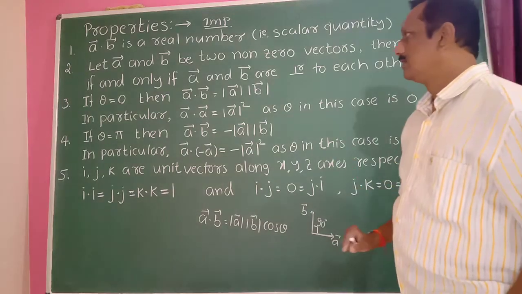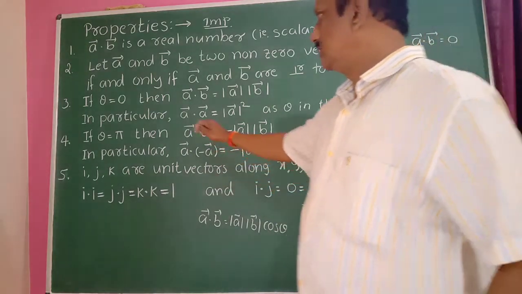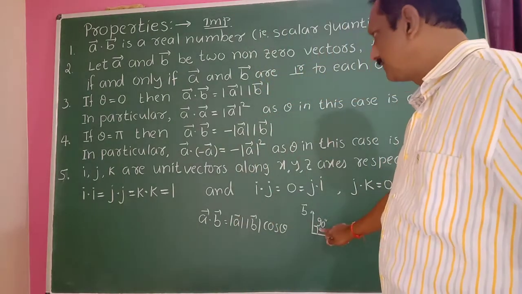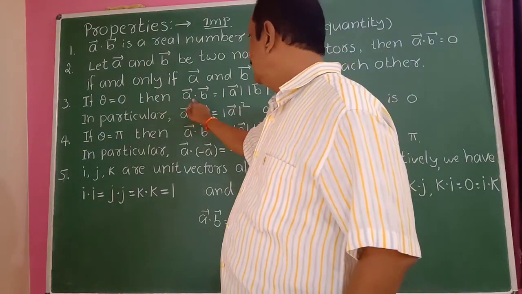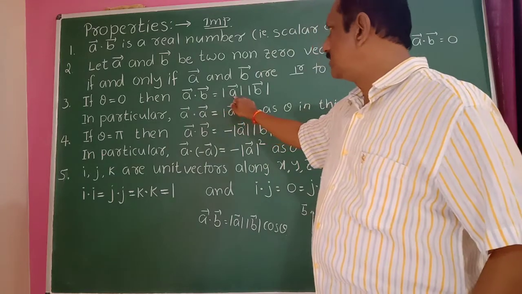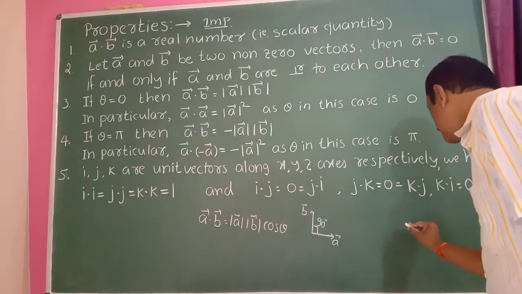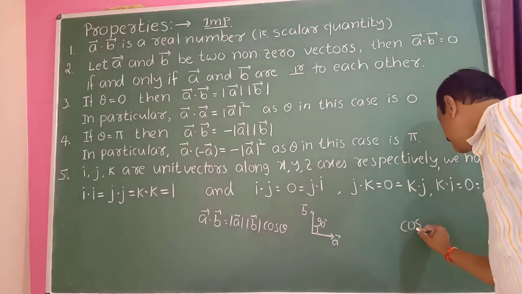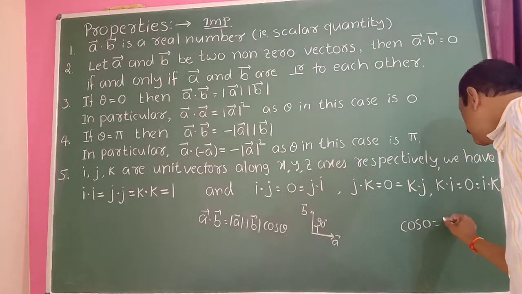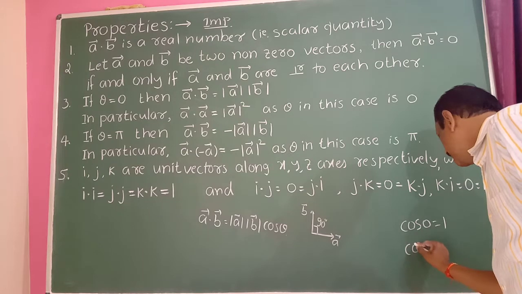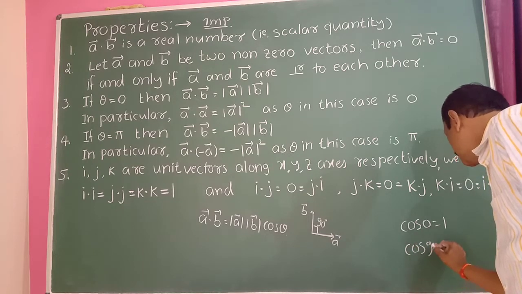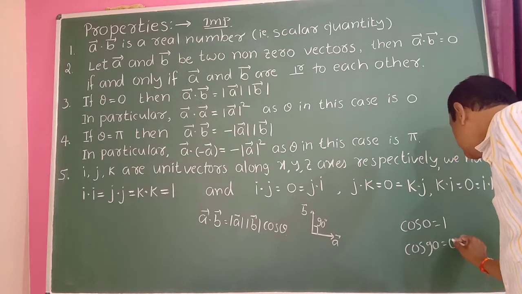Vice versa. If theta is 0, if this angle is 0, then a bar dot b bar is equal to modulus of a bar into modulus of b bar. You know that cos of 0 is equal to 1, and cos of 90 degrees is 0.